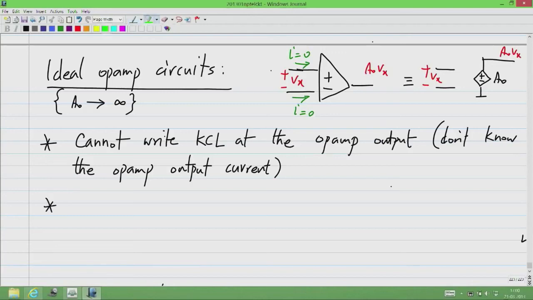Instead, what you can do is to write the virtual short equation at the op amp input.